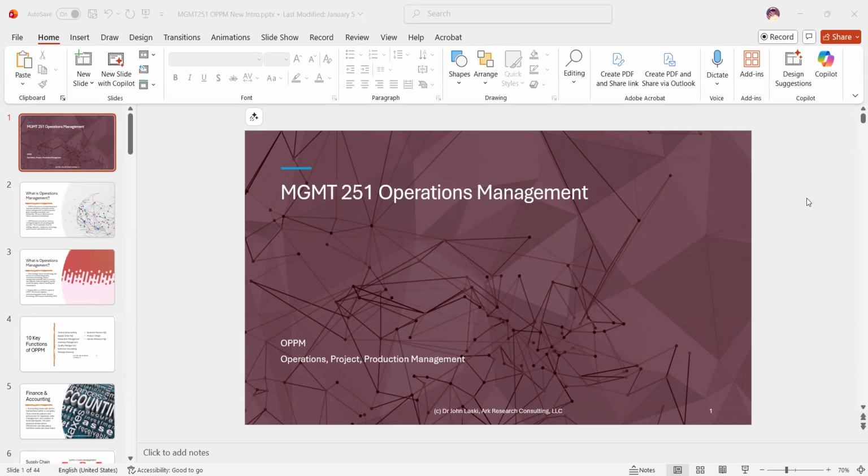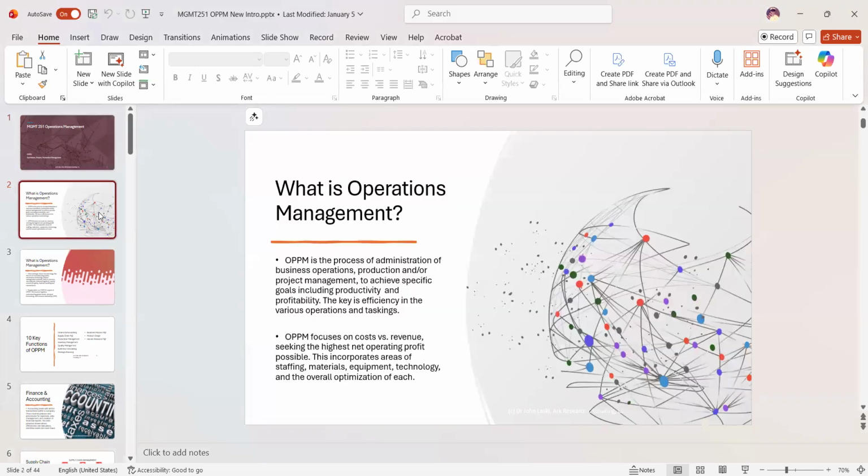But for the semester, we will be talking about operations management, but there are also elements of product management and production management contained within, which is why I refer to this as OPPM. So when we start to look at operations management, we think, well, what is it?